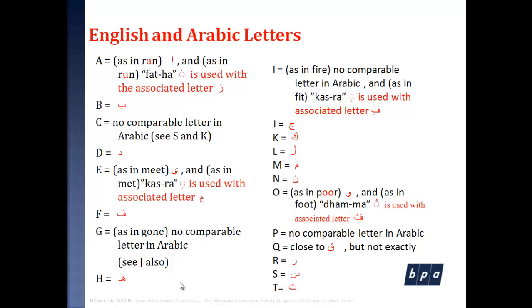Here's some comparisons of the English and Arabic letters. For the letter A, there's the letter alif or a in Arabic. For the letter B, there's the ba or ba with a fatha.